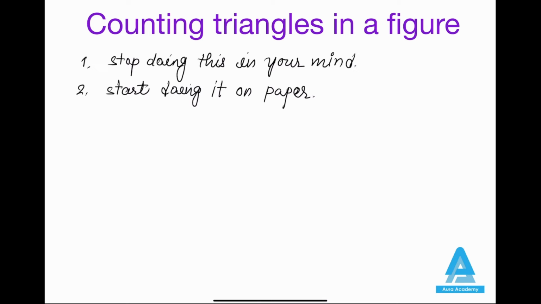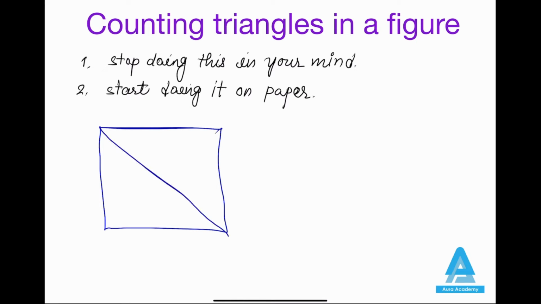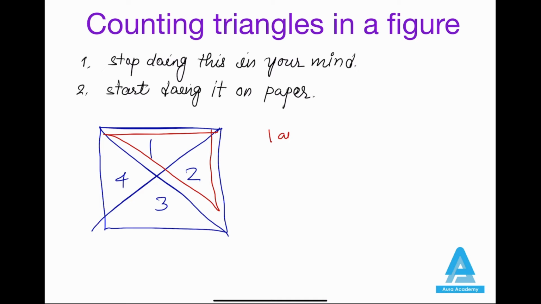Now consider a different scenario. Suppose there is a square, and now the number of triangles: 1, 2, 3, 4. But triangle number 1 and 2, two triangles, are also making a single triangle. 1 and 2 make triangle 5.